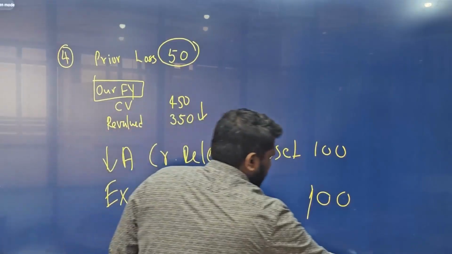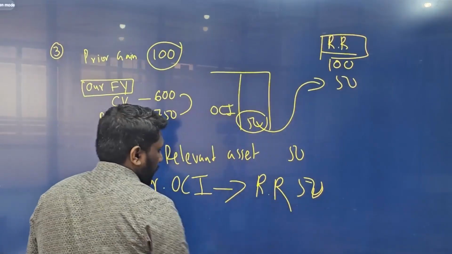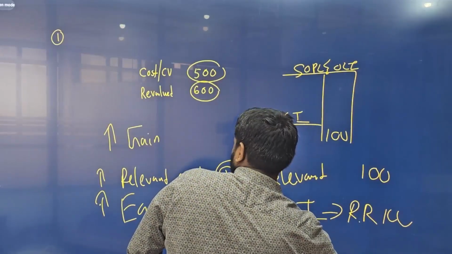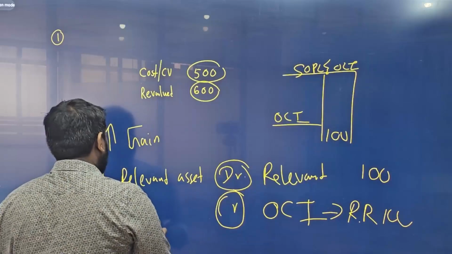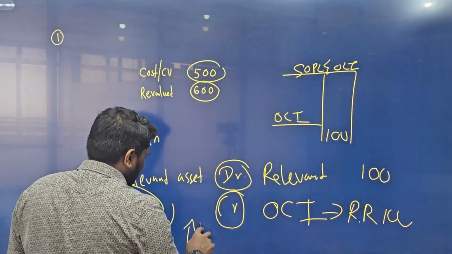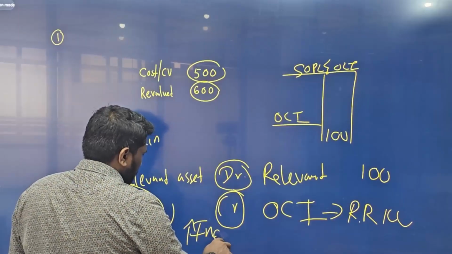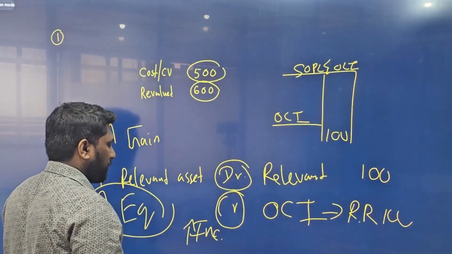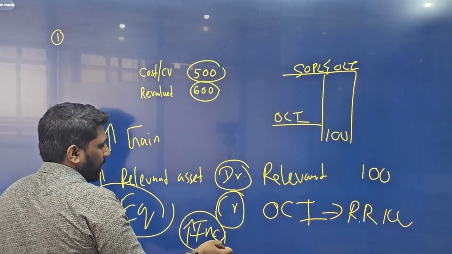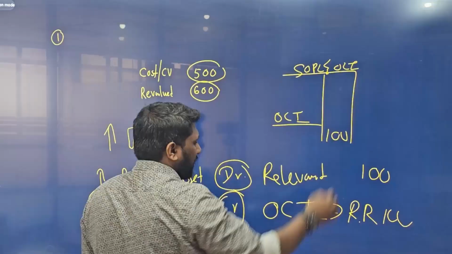So if you ask me whether this one is directly equity, no, it's not directly equity. Actually, it's an increase in the income. OCI is a part of the income statement. So Mr. OCI will go and give it to the revaluation reserve.